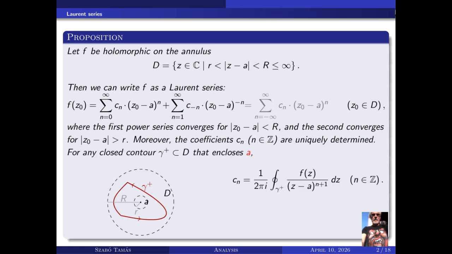For any closed contour gamma plus contained in D and enclosing the point a, we have c sub n equals 1 over 2 pi i times the contour integral over gamma plus of f of z divided by (z minus a) to the power n plus 1 dz.